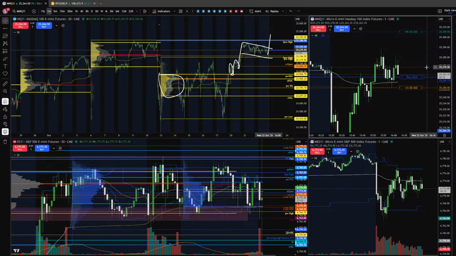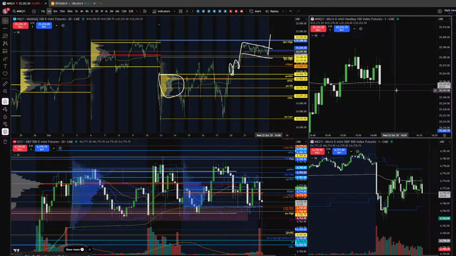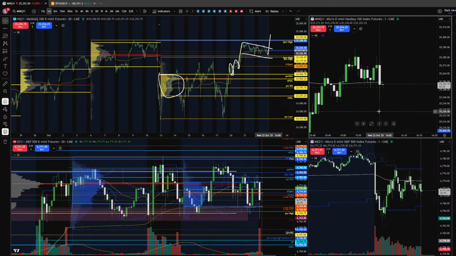Let's see. There you go. You see? It already tapped into the daily value area high, so this was less probability to hold, and it blew straight through. Risked a little bit of the profits from before, not a big deal.